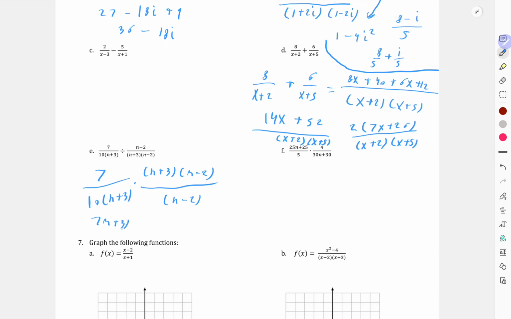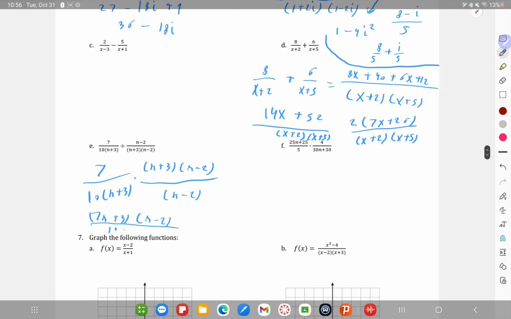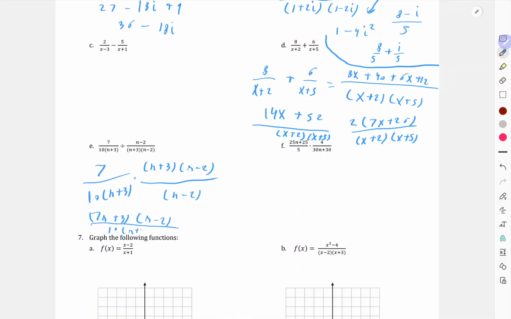So I'm going to do this. 7n plus 3 over n plus 3 times n minus 2 over 10 n plus 3, and then n minus 2.